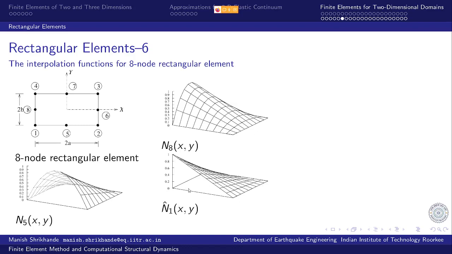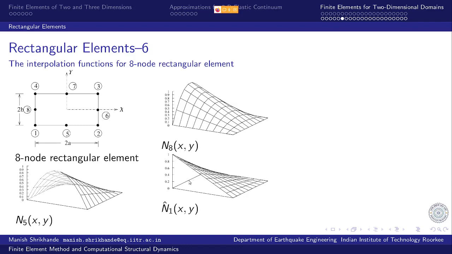What is the value of this N1 hat at the midpoint? It will be half on this edge, and half on this edge as well. So I need to bring it down to 0 at this point, and I need to bring this down to 0 at this point.